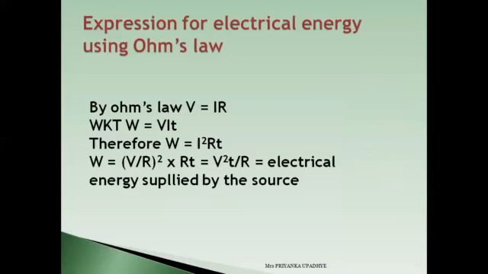Next, what we have is the expression for electrical energy by the use of Ohm's law. So by using Ohm's law, we are finding the expression for electrical energy. What does Ohm's law state? It states that V is equal to I into R. So we know that W is equal to V into I into T, and V is equal to I into R. So in the place of V, if we substitute I into R, what will we get?